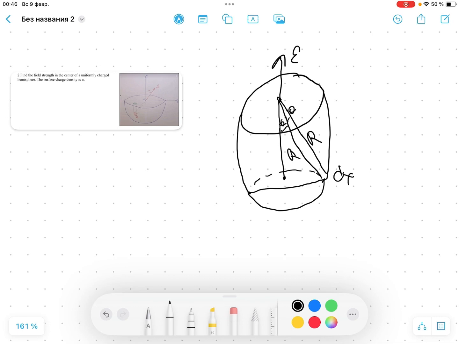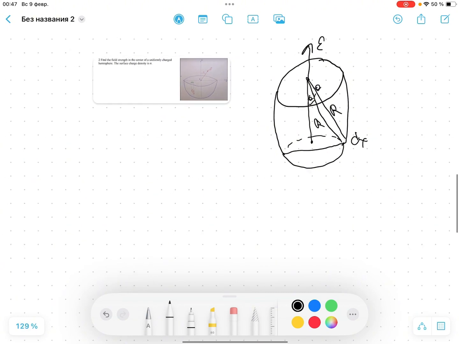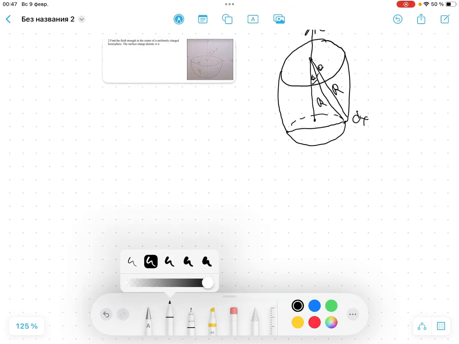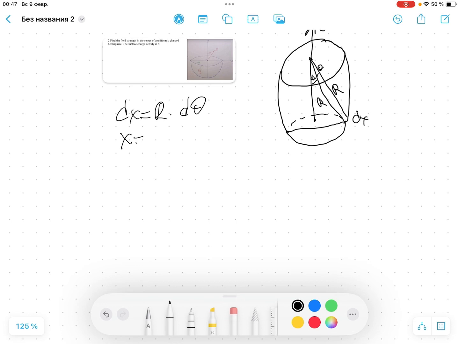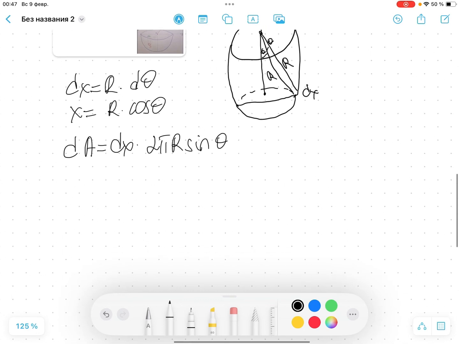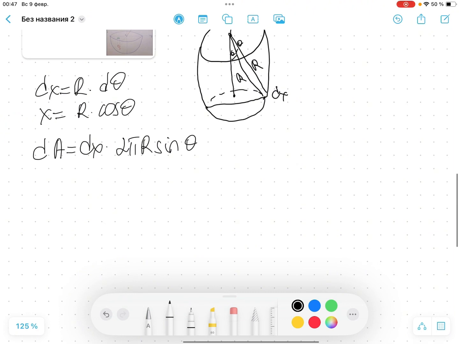Then let's find the area of this little amount of area here. It would be x multiplied by r sine theta, because we have our use of this little amount of hemisphere, and we multiply by dx.